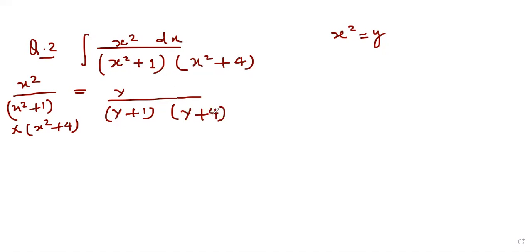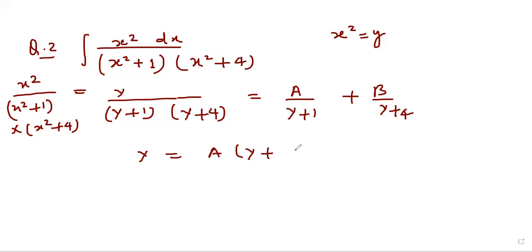Now we can write it as a upon (y plus 1) plus b upon (y plus 4), and we simplify. So we will get y equal to a times (y plus 4) plus b times (y plus 1). Now we choose values of y to get a and b. Suppose y equal to minus 4.